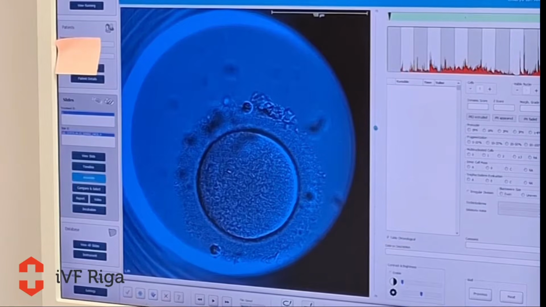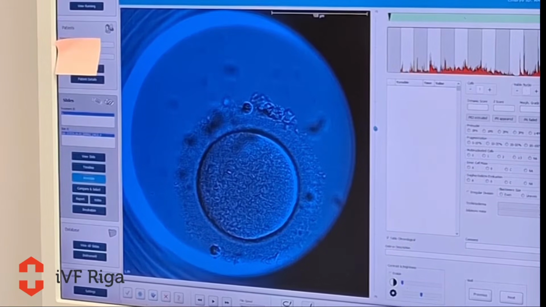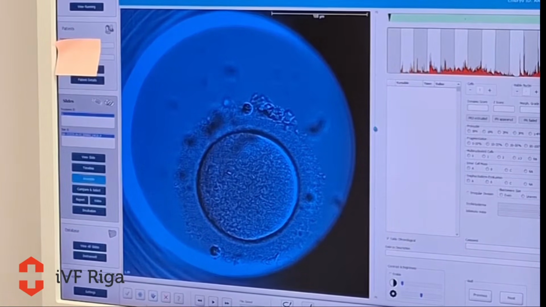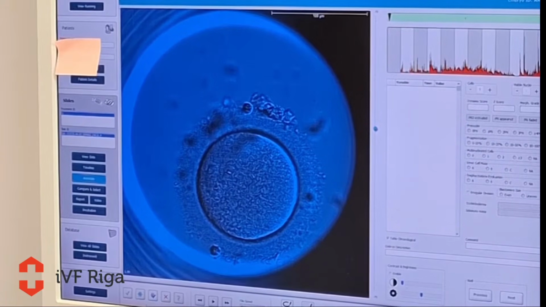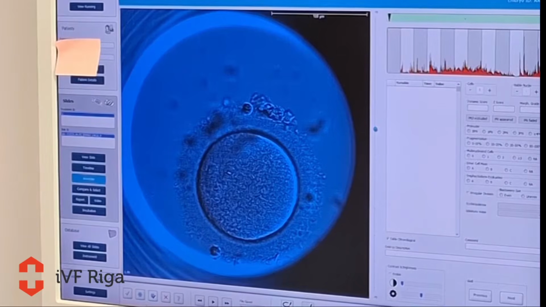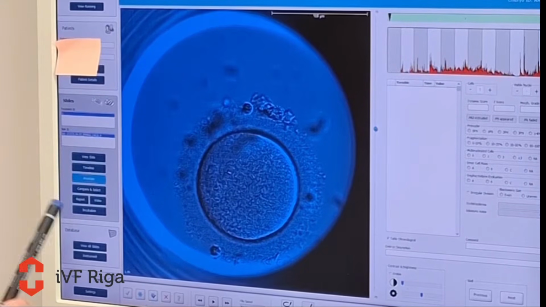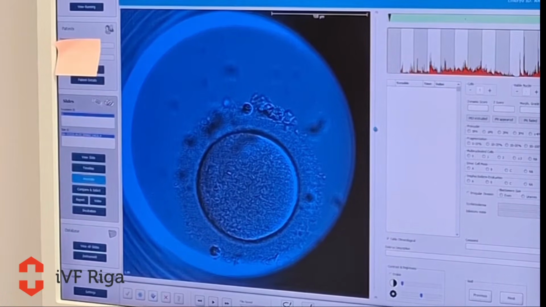So now we will see how a normal embryo develops. First of all, this is the oocyte, which has already been fertilized with the ICSI method in the IVF laboratory. The fertilization with the ICSI method happens 4 hours after the collection of the egg, and after that the fertilized egg is put into the incubator for future development and control.